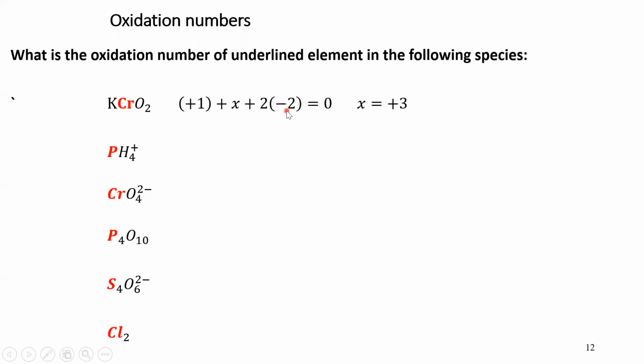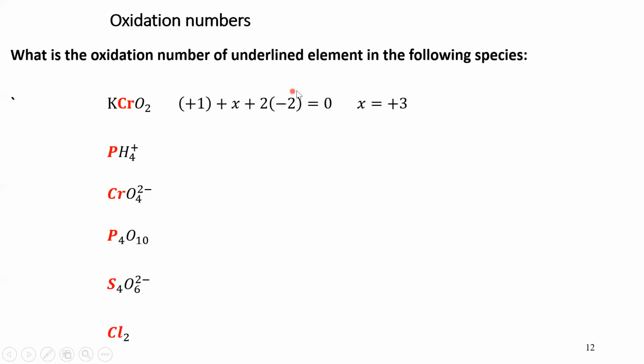So 2 times -2. The sum of the oxidation states, because this is a molecule, is 0. So now I'm just going to do some algebra. +1 plus X minus 4 equals 0.